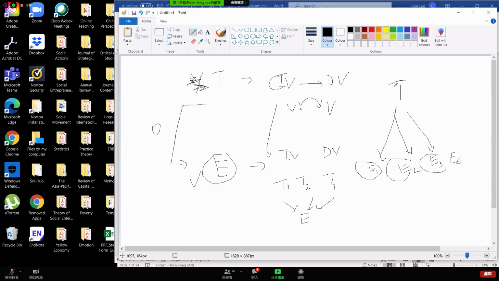That means it makes the theoretical statement more and more credible. The more tests you use to examine the theoretical statement, and it demonstrated all these empirical statements are true, then the theory, even though we cannot prove the theory is true, we believe that the theory is very, very believable, very credible.